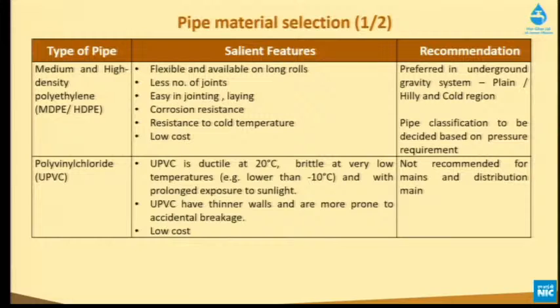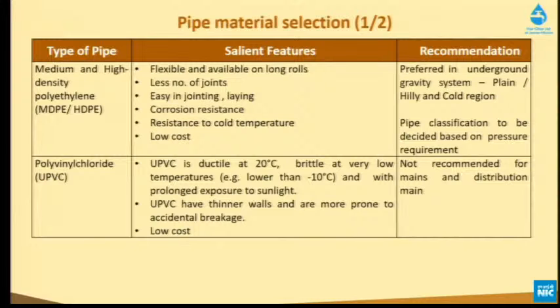Pipe material selection. Again, it's a vast area and depends on a lot of factors, like ground conditions and hydraulic efficiency. Nowadays the trend is that most of the time we use the MDP, SDP pipe. The reasons are that it has a long life, is non-corrosive, has better hydraulic efficiency, and we can join it seamlessly by fusion joint.